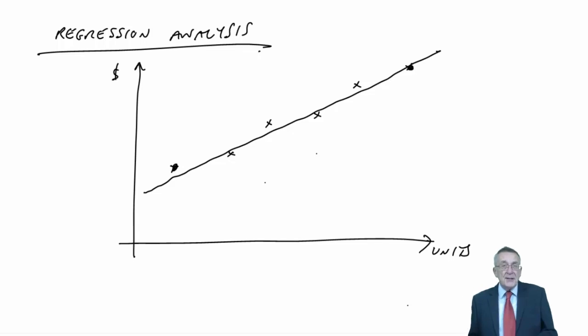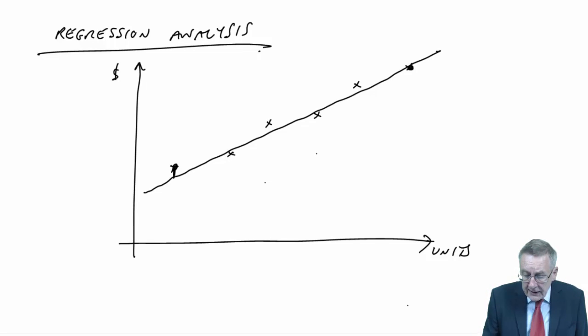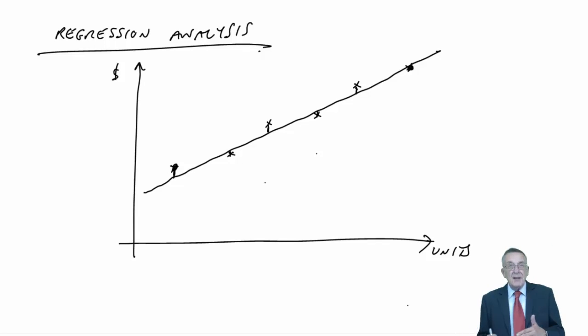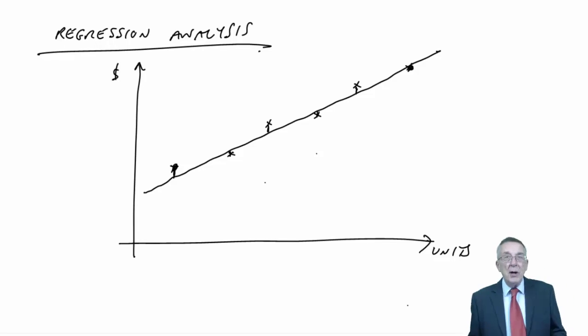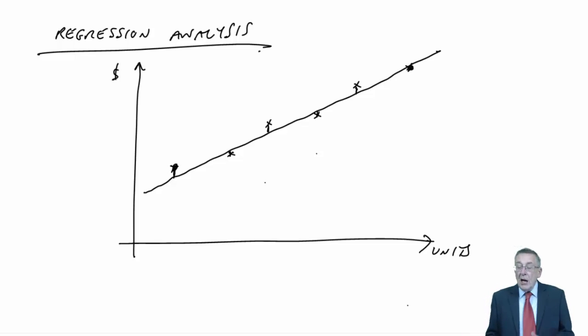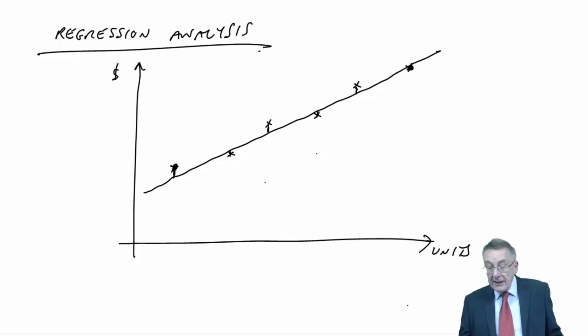You don't have to prove the formula we use, but what it effectively does is it finds the line which minimizes the squares of the distances of the points away from the line. Some people call it the method of least squares. However, that's fairly irrelevant. We're trying to find the line that most nearly goes through it.